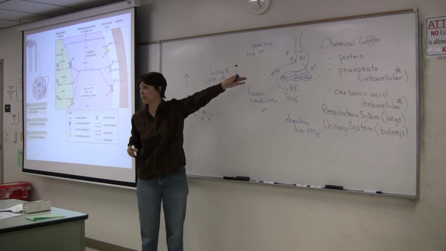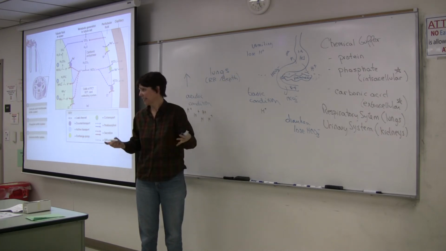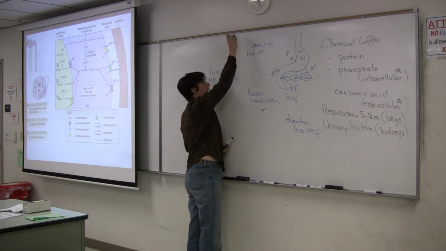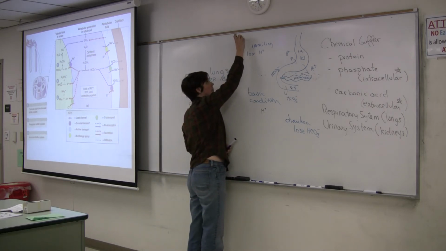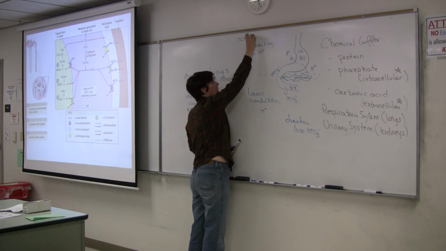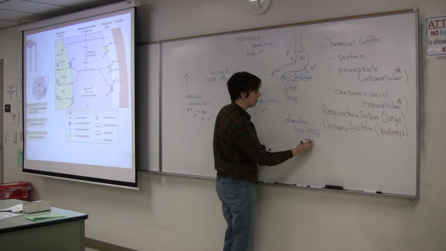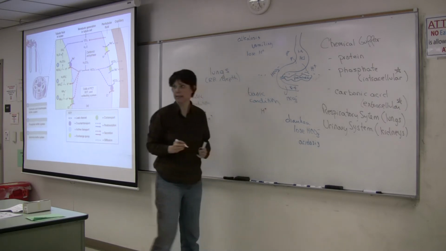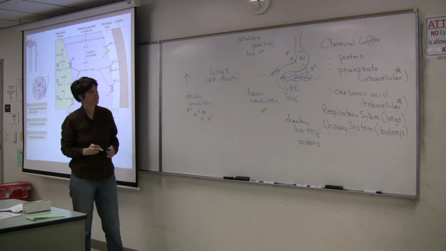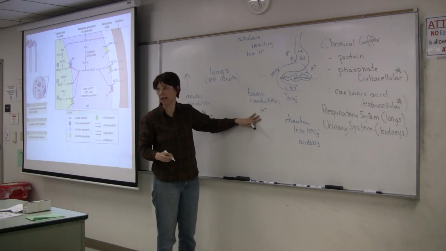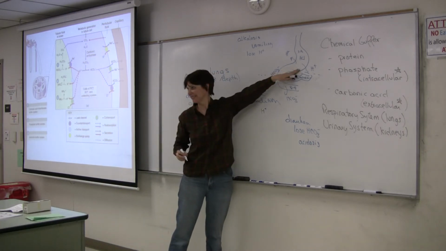So you have too many hydrogen ions without the bicarb to balance them, okay? So vomiting is going to result in alkalosis. Diarrhea is going to result in acidosis, okay? So vomiting, not enough hydrogen ions because I'm throwing them up.